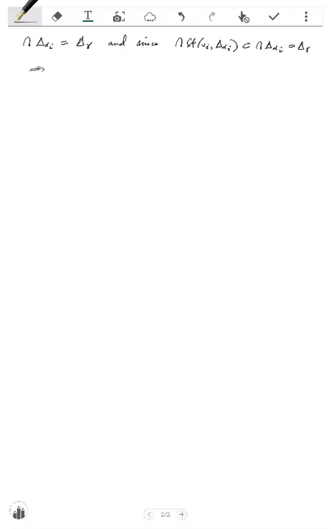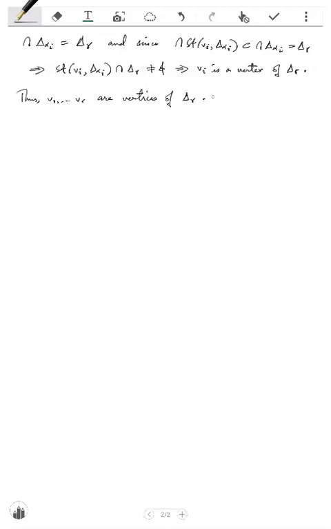So this implies that the star of v_i comma delta alpha i intersected with delta gamma is non-empty. This implies v_i is a vertex of delta gamma. Thus, v1 to vr are vertices of delta gamma. So this proves the other direction.